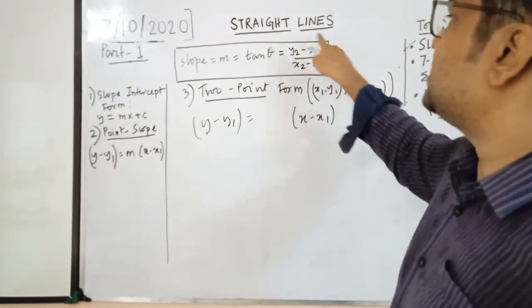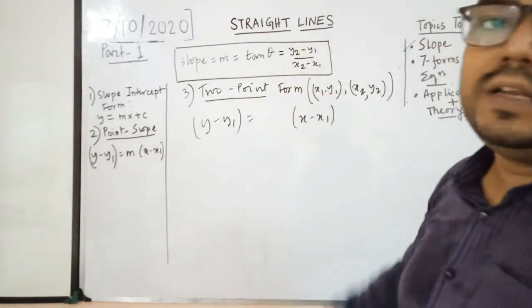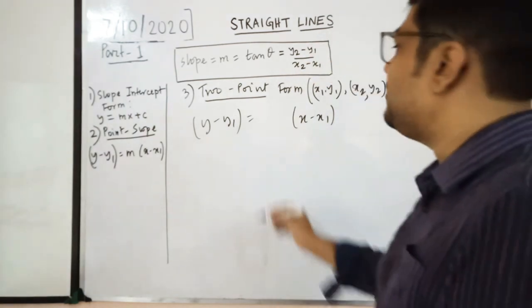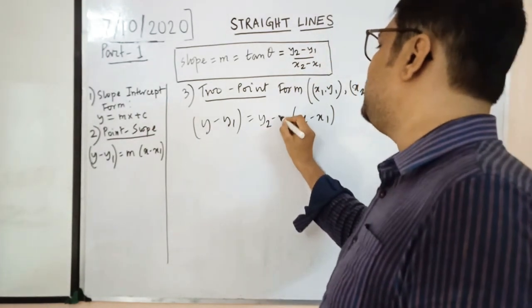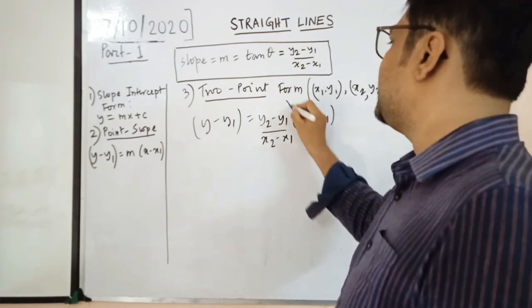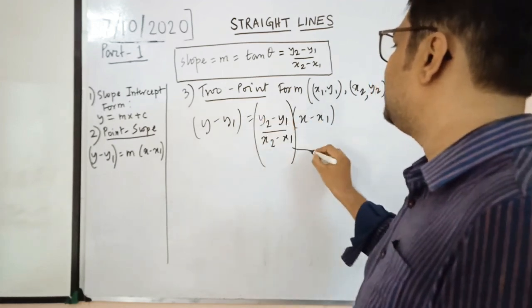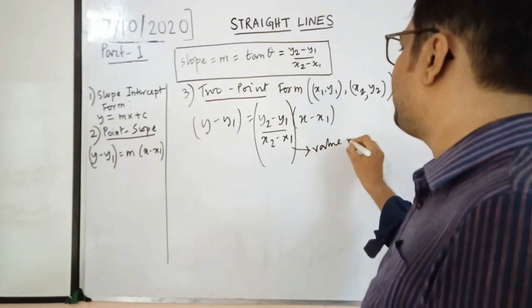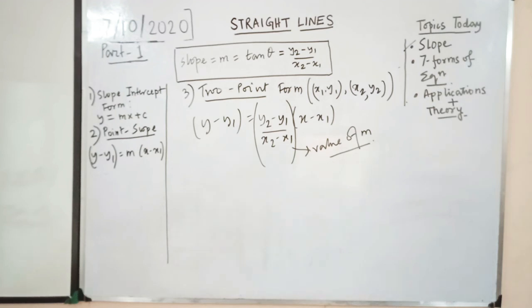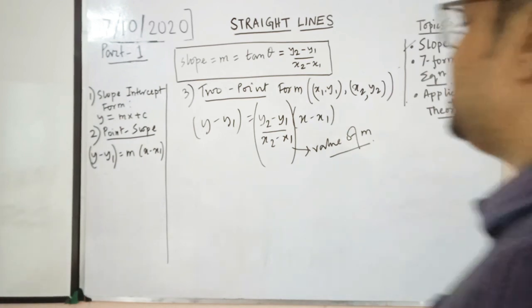That means, look at this formula, (y2 minus y1) by (x2 minus x1) we can put instead of m. So this is the value of m. Basically, these two forms are the same and you are calculating m and putting it in.